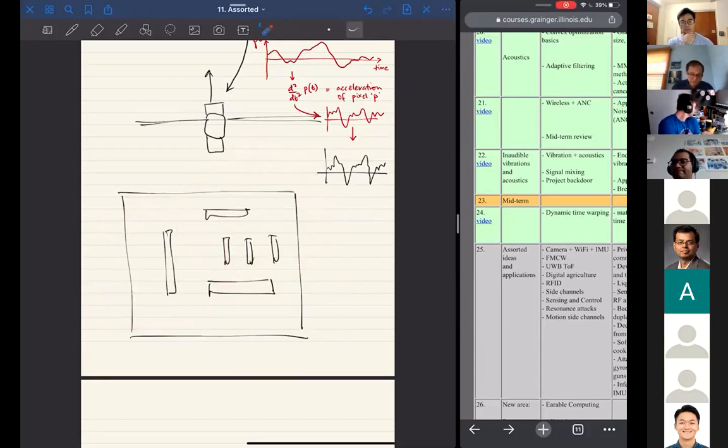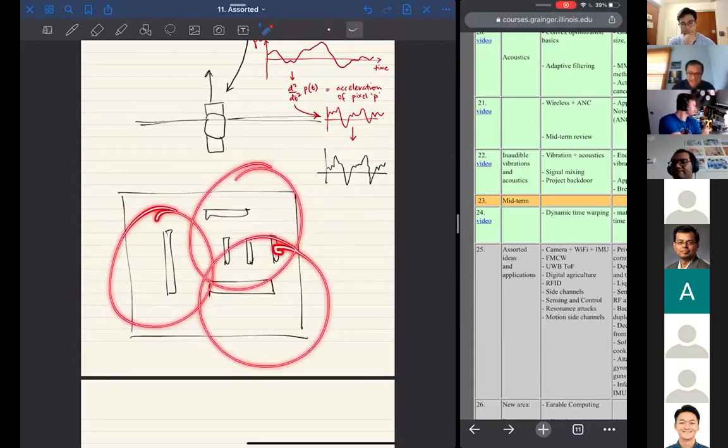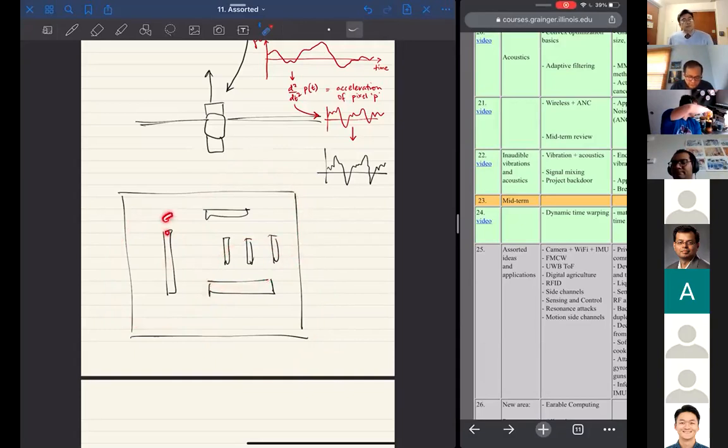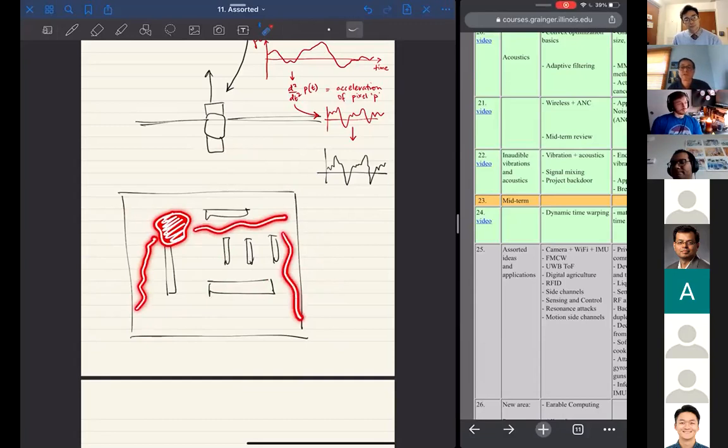So if you have top view cameras like that, then occlusion is not that big a problem. And even if occlusion is a problem, suppose this is the region where people get occluded, you'll say, I'm not going to use the motion signature for that region. I'm going to use the motion signature for this part, this part, and so on.